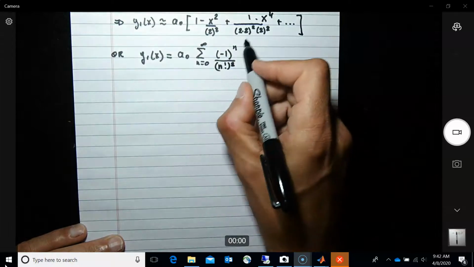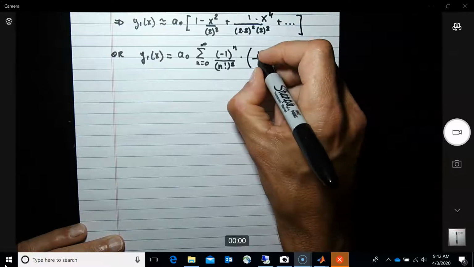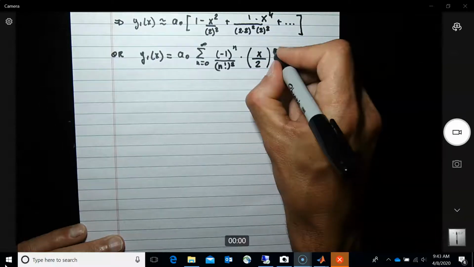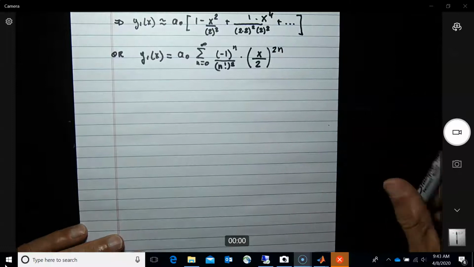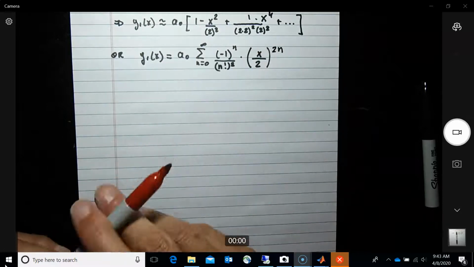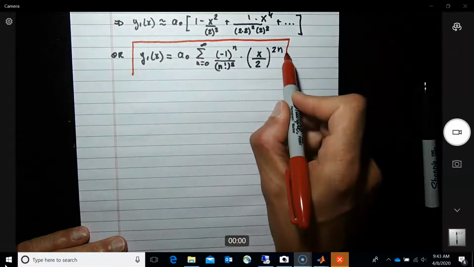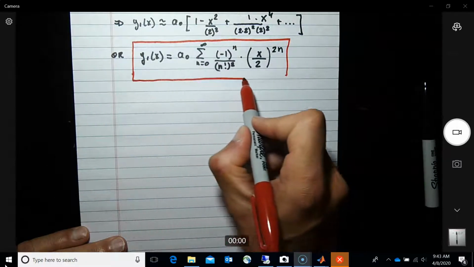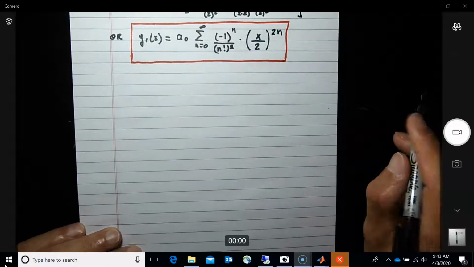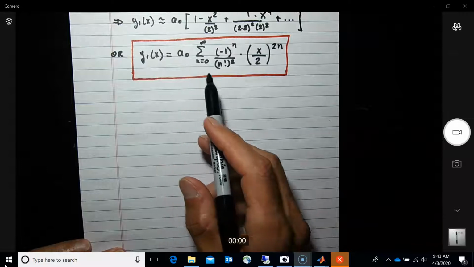So this is this term over here, times x divided by 2, which would be this term over here, to the 2n. Okay, so basically this will be the solution, will be the coefficient. This is the coefficient a sub naught.